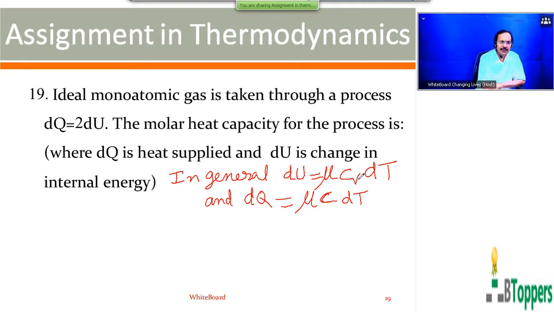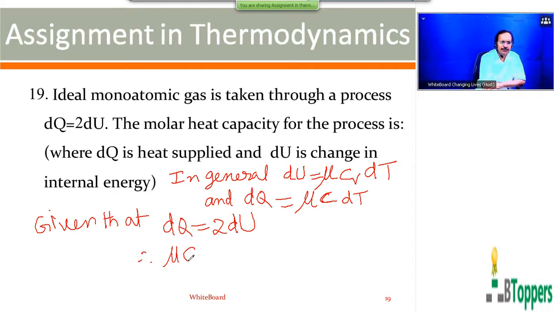CV, the molar specific heat at constant volume, is a constant value. So it's given that dQ equal to 2 dU. Therefore, you can write mu C dT is equal to 2 mu CV dT.